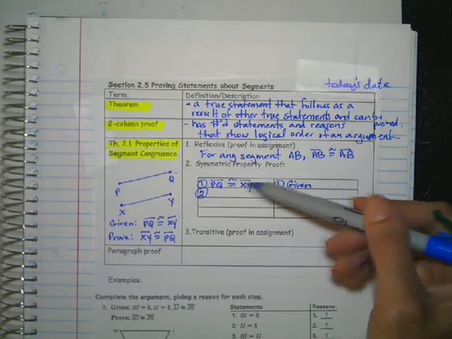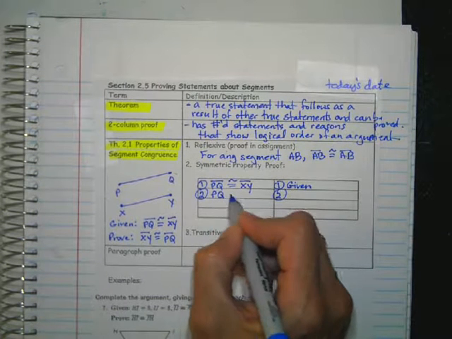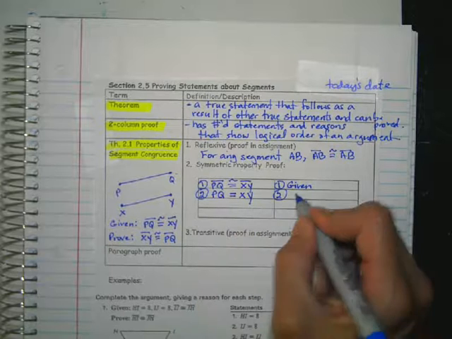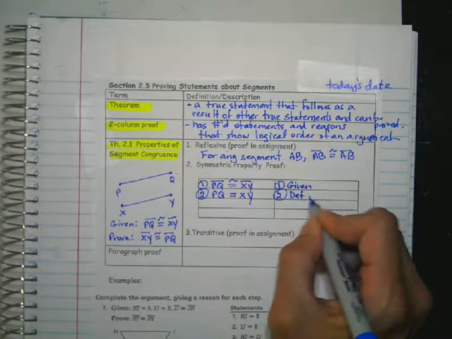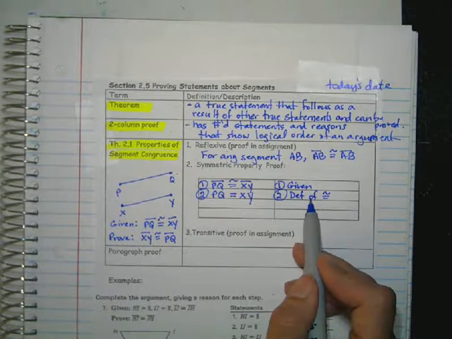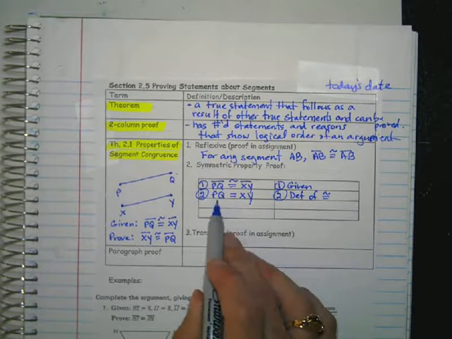So the following statement is PQ equals XY, because that's just the definition of congruence. You're going to use that a lot this semester, going from a congruent statement to an equal statement. We just call that definition of congruence.